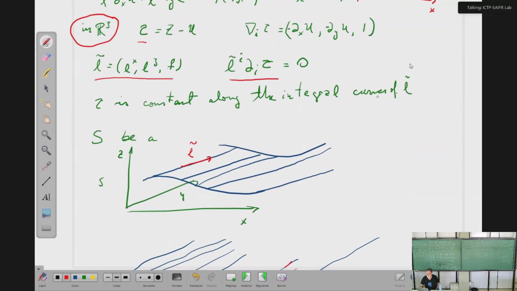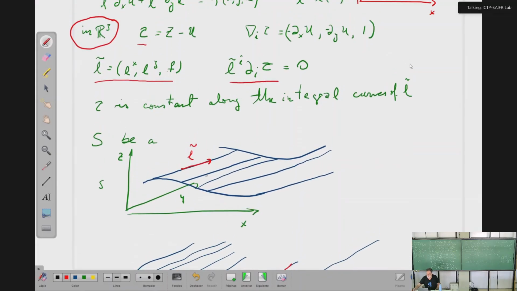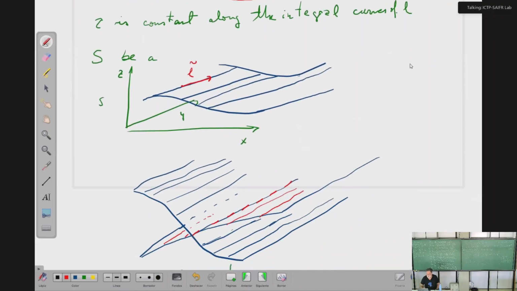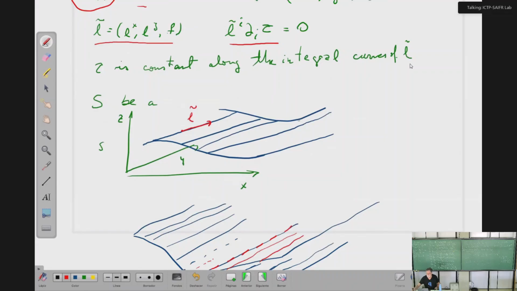So now we draw this L twiddle, and we can take L and get a surface which is ruled by L. You take L, make the integral curves of L, and these are these lines here, and so you take a curve like this, and this will represent a solution, right?